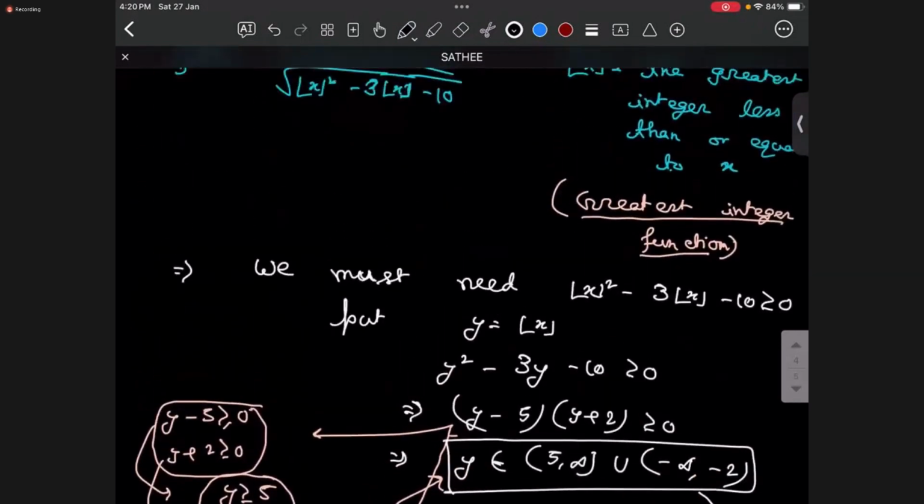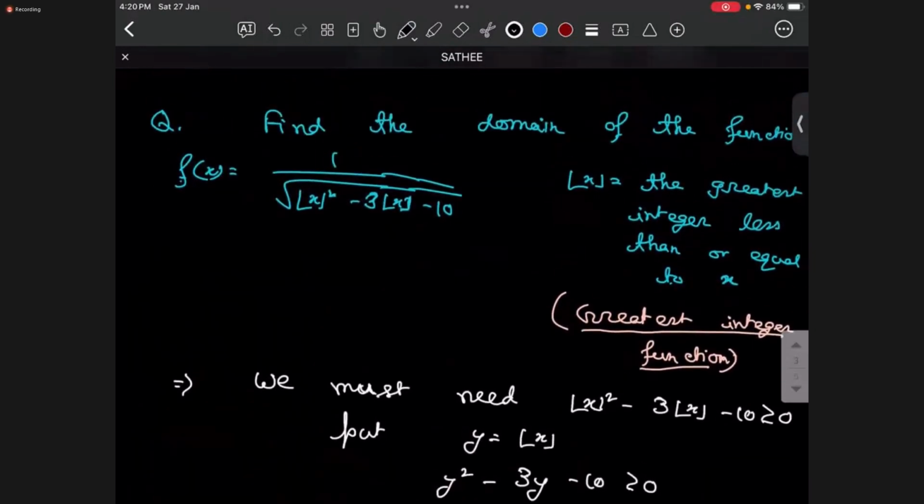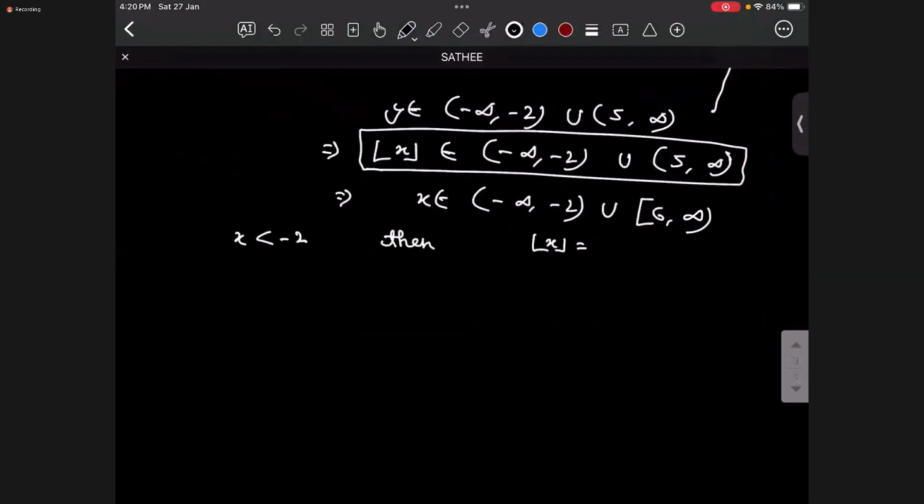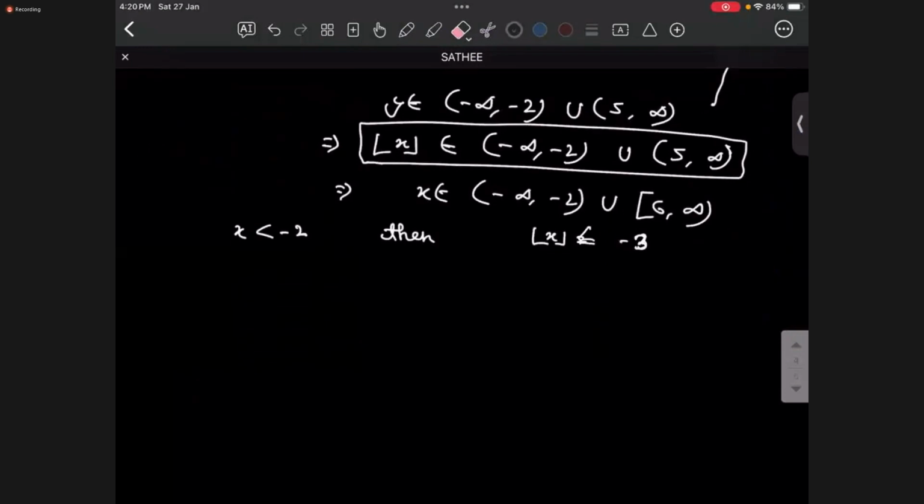This is the greatest integer less than or equal to x. So the greatest integer less than or equal to x should be minus 3, and the box should be less than or equal to minus 3 whenever x is less than minus 2. When x is less than minus 2, the box is less than or equal to minus 3, which is again less than minus 2. Okay, so this range is fine.